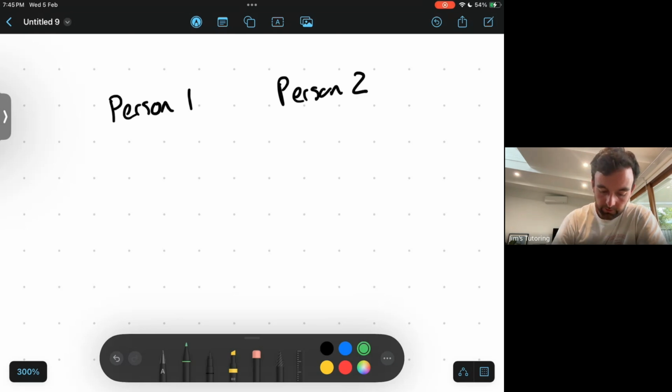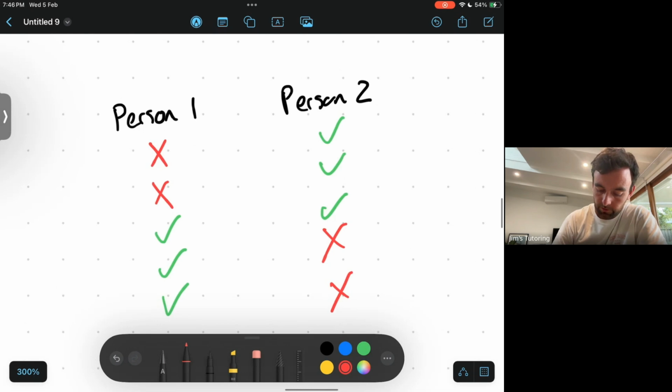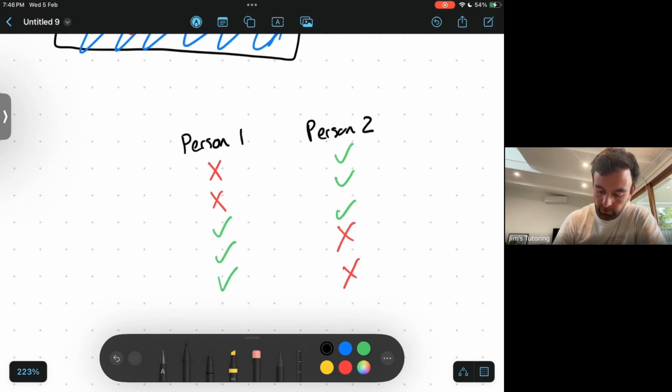So if person 1 got the first 2 wrong and then they got the last 3 right, versus person 2 who got the first 3 right and the last 2 wrong, you would say that this person knew these 3 and the others were just too hard.